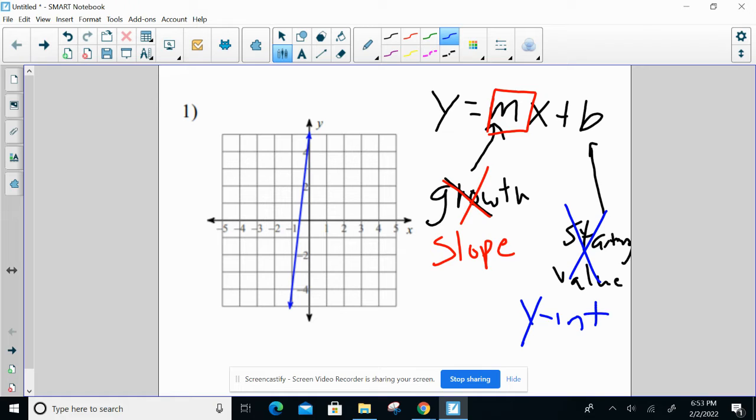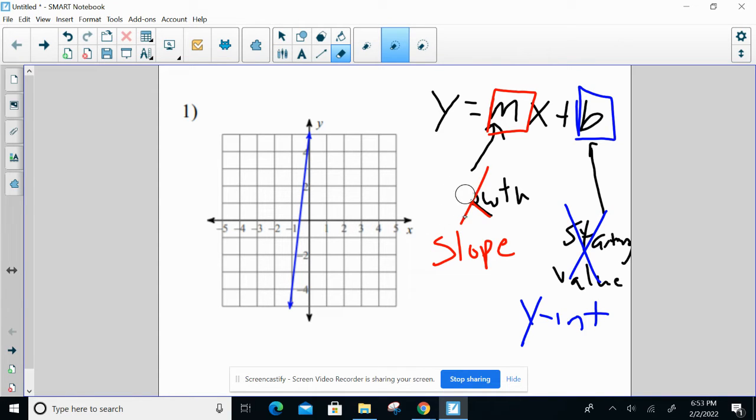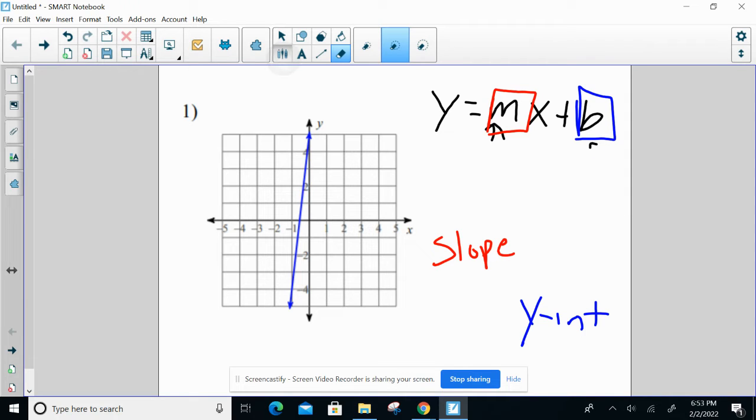So from now on, if you're asked to create the equation for a line, you're going to find the slope with the new way we know to find it. And you're going to find the y-intercept, which we already know how to do. That's the starting value. We know where to find it.